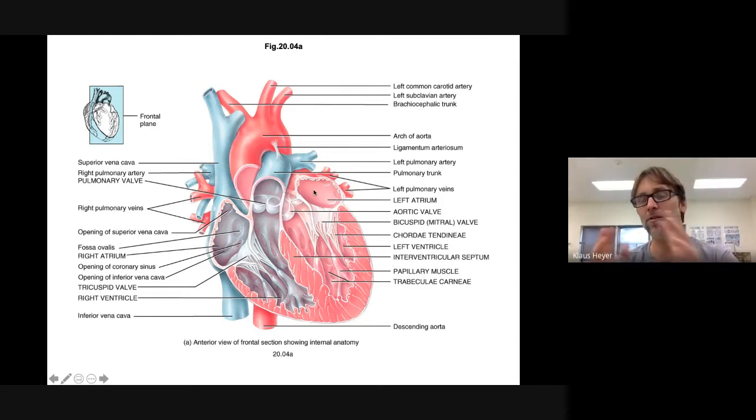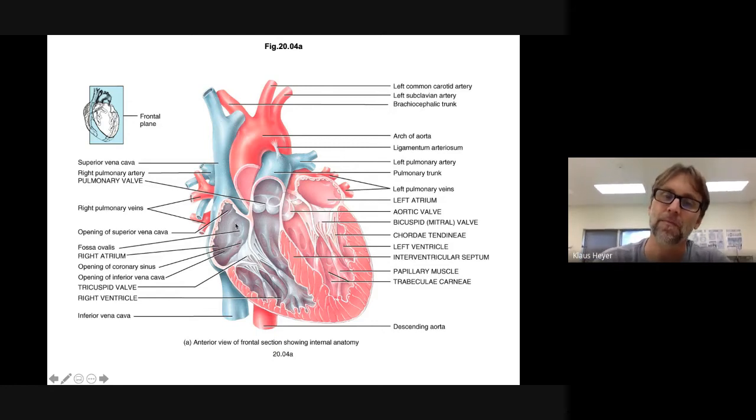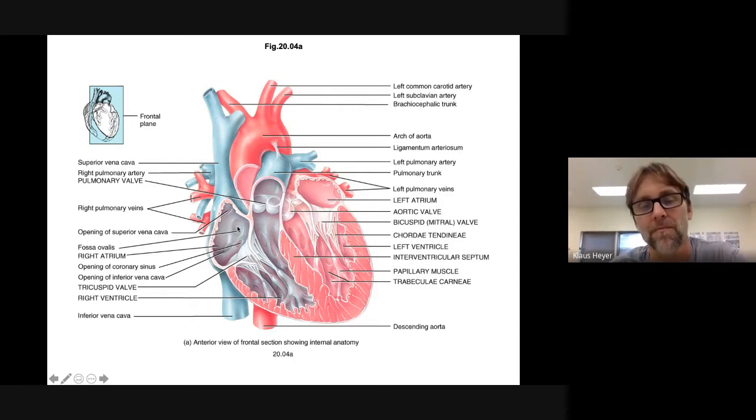The stuff that came from all your cells, the oxygen-poor blood, we're going to send over to this side of the heart. So whatever this is and whatever this is, they're dumping into here. That's deoxygenated. This is coming from all your veins. This is called the superior vena cava.